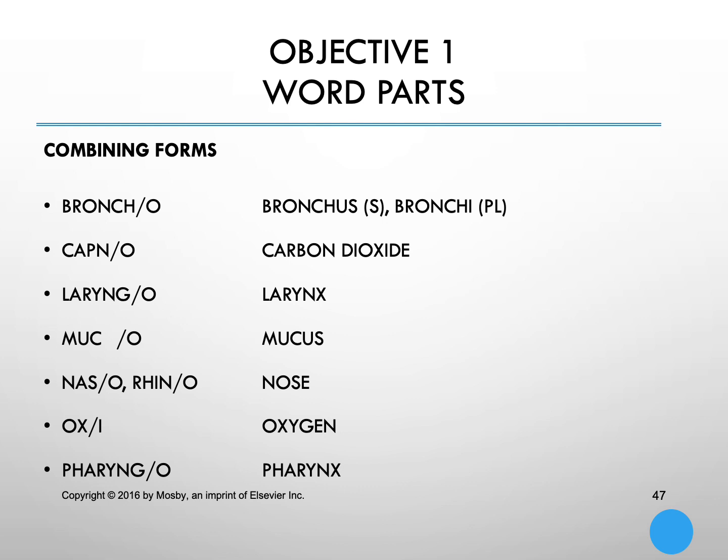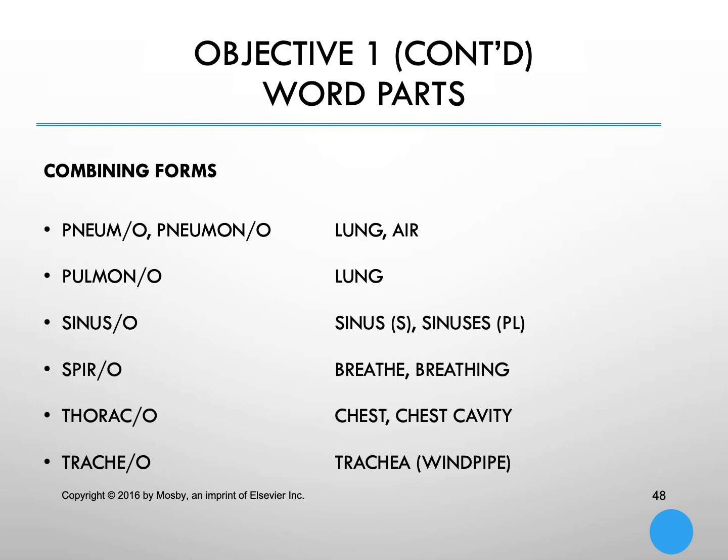Naso or rhino is the combining form for nose. And ox or oxy is the combining form for oxygen. Lastly, pharyngo, which sounds very similar to pharynx, right, is that combining form for pharynx. Let's look at a few more. Here on this slide, we have pneumo or pneumano, which can be used interchangeably, lung and air.